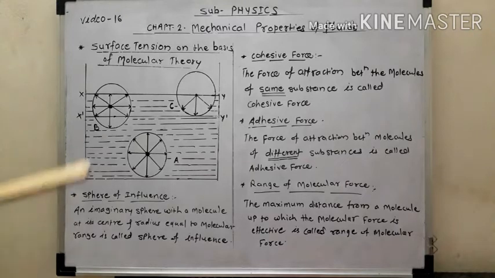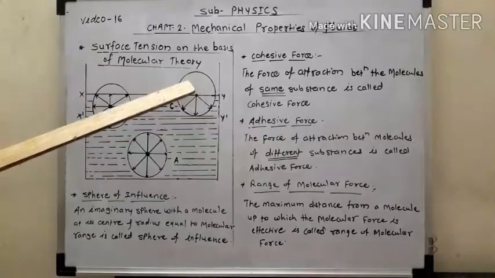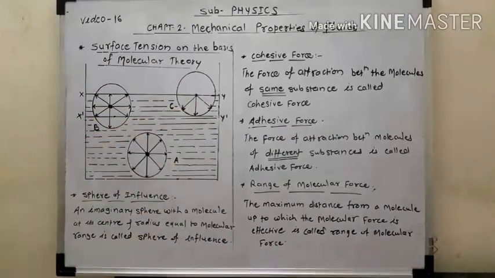Then we consider the sphere of influence C, which is just above the liquid surface. Here the air molecules are greater in number, and the water molecules are fewer. Though the liquid molecules are fewer and exert a smaller force, the force they exert is towards the downward direction.